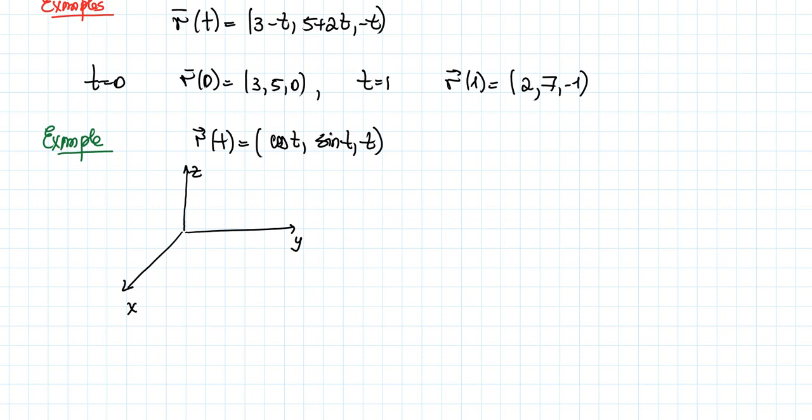Here, by choosing different values for t, we can plot the points. Instead of drawing vectors, because they're confusing, we will just trace the ending points of the vectors. For example, when t is equal to 0, you're going to get a vector with the components (1, 0, 0). It will help us to draw this curve.